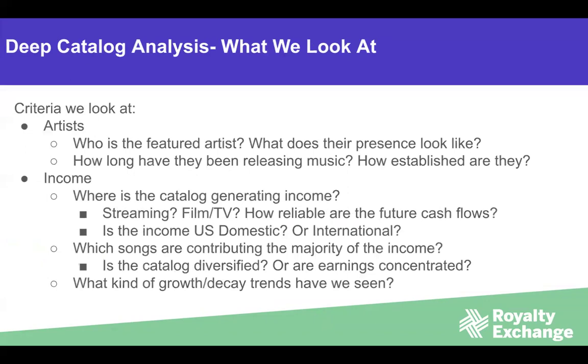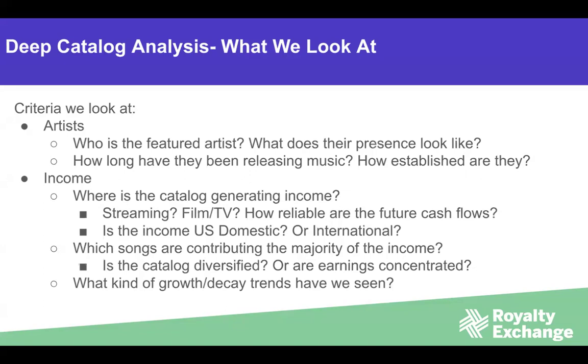So when we run these analyses, there's a bunch of different things we look at. First is obviously the artist. That's a huge, important part of the catalog, whether it's hip hop, pop, rock, gospel, whatever it might be, that will tell us a lot. It also tells us about the age of the catalog. When were these artists most prolific? Are they still performing? Are they releasing new music?